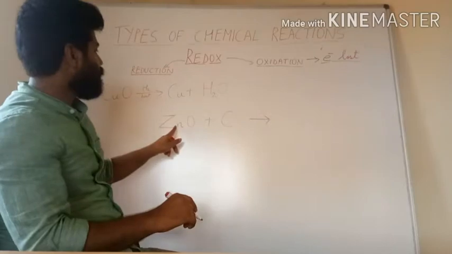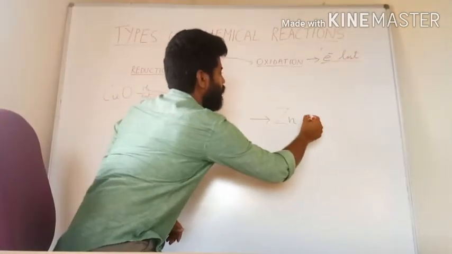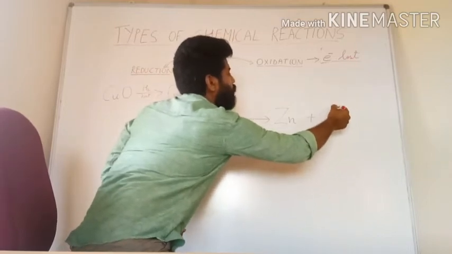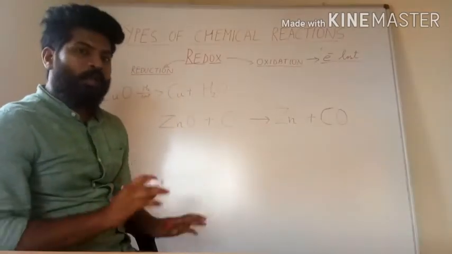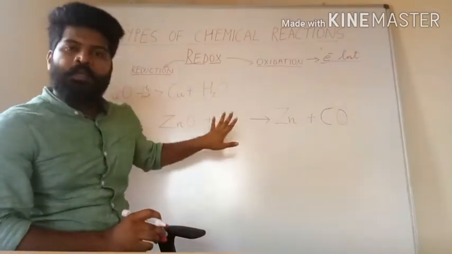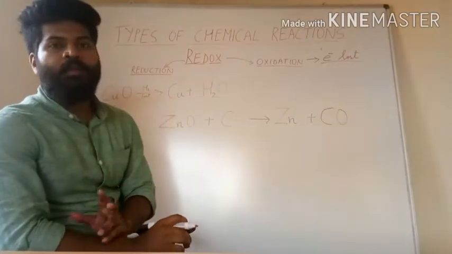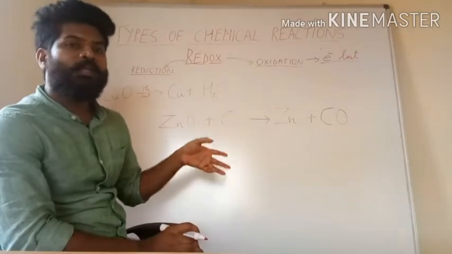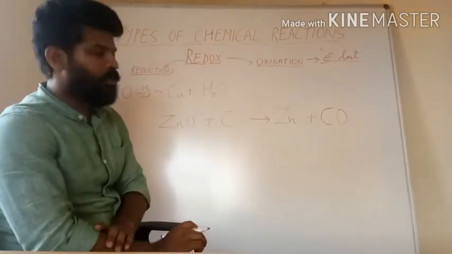It produces pure zinc and carbon monoxide. Now, in this particular equation, we have to identify which is the oxidation reaction and which is the reduction reaction, remembering our definitions.